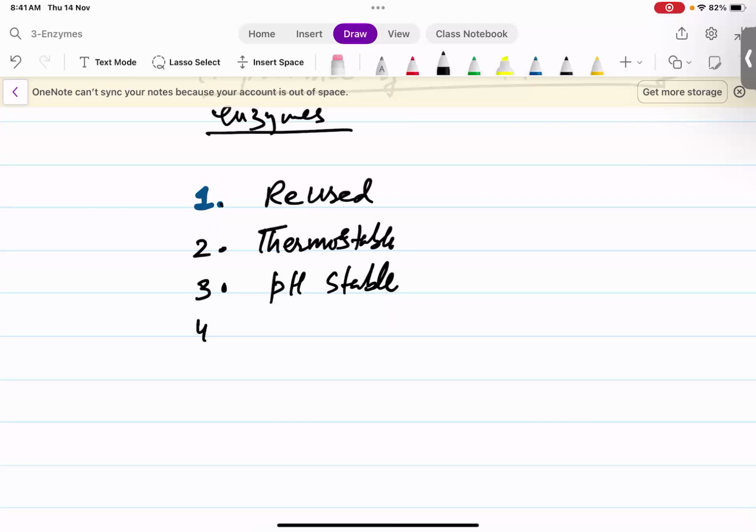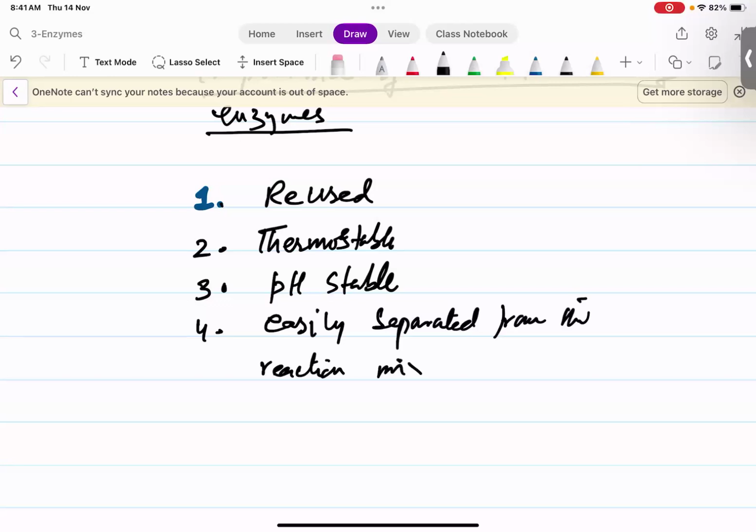And they can easily be separated from the reaction mixture or product.